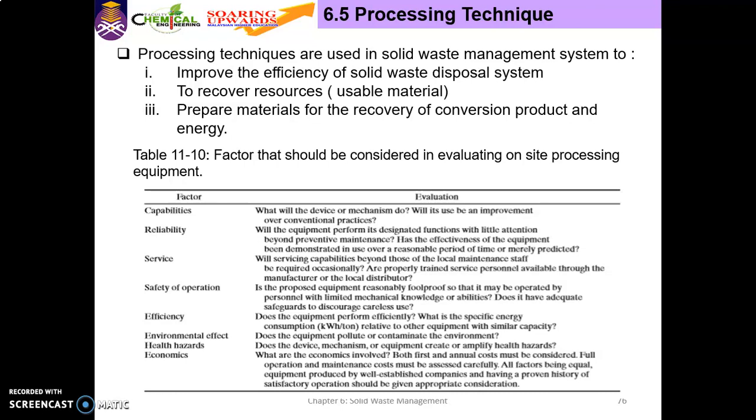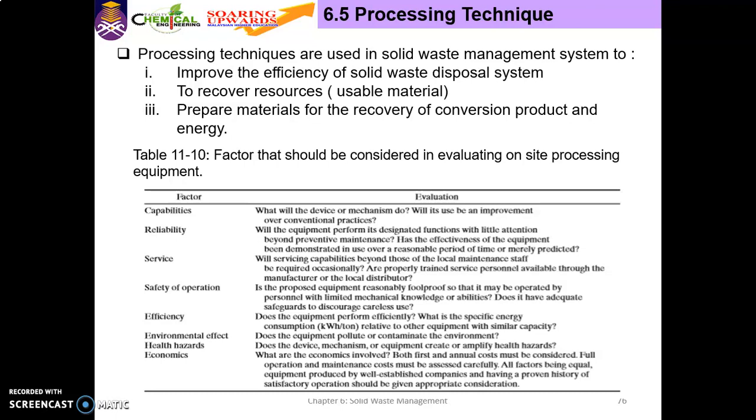Number 3, service: whether it requires service capabilities beyond those of the local maintenance staff. Number 4, safety of the operation: is the proposed equipment reasonable and foolproof, so that it may be operated by personnel with limited mechanical knowledge or ability?